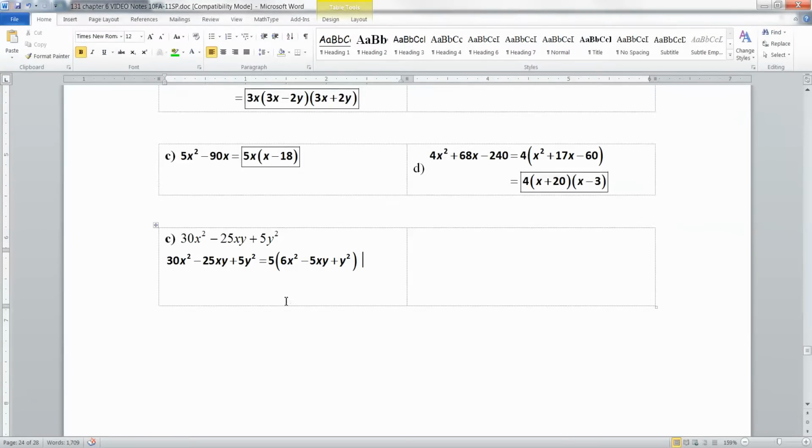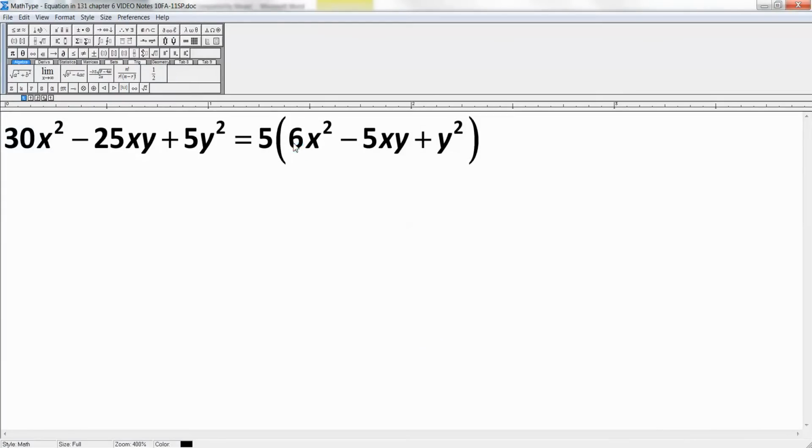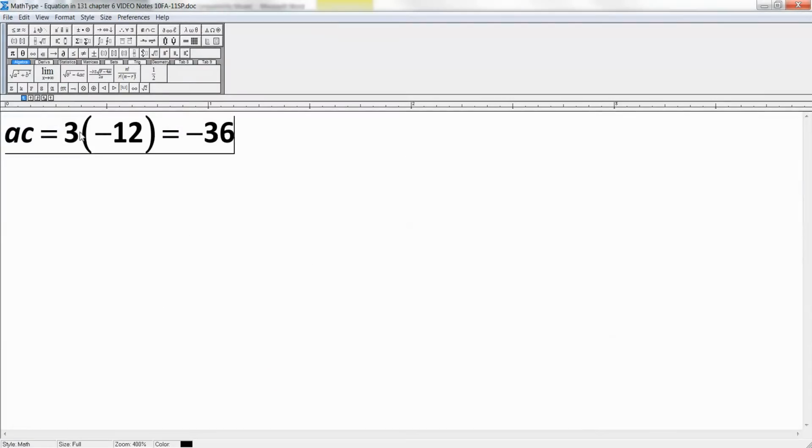Okay, so we're going to need two numbers that multiply to 6 but add up to negative 5. All right, hold on. What I'm saying is, if you look here, our leading coefficient is not 1. So I'm going to do a times c, which is 6 times 1, which is 6.